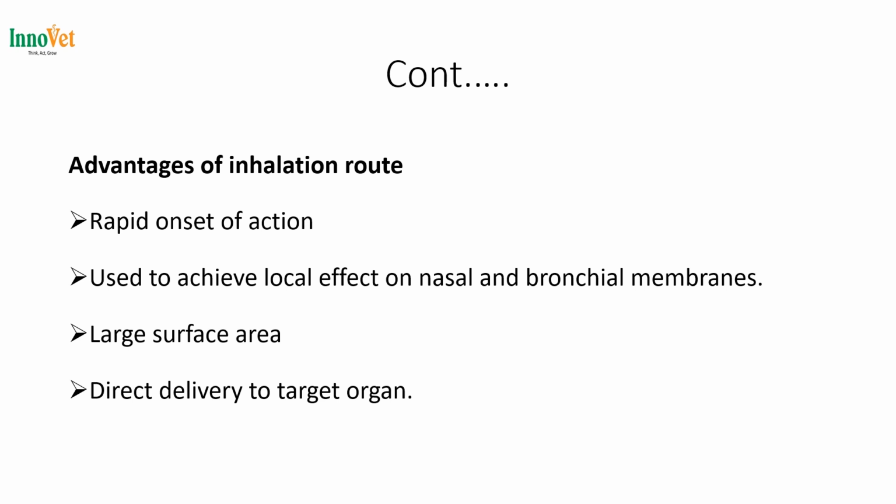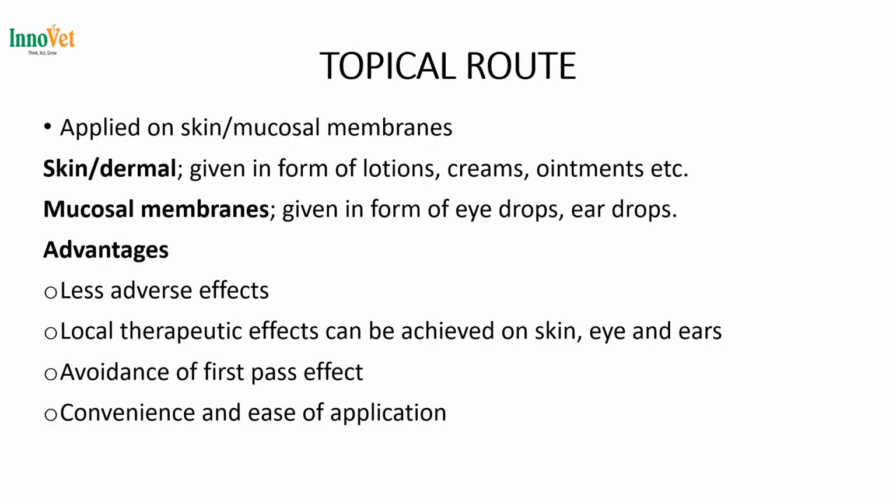Then also it can be used to achieve local effect on the nasal and bronchial membranes. And then large surface area because it can reach different parts of the body as we inhale these drugs. Then we can give direct delivery to the target organ. For example, if the target organ is the lung, this drug will go directly to the lung cells.